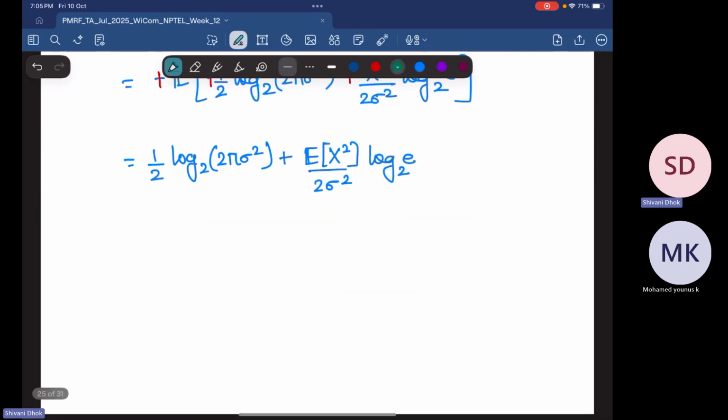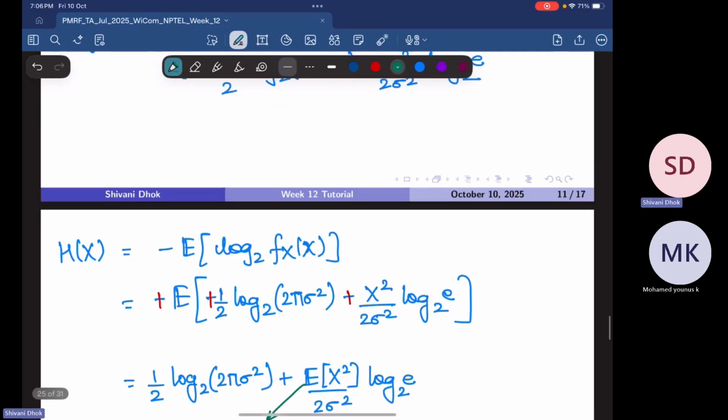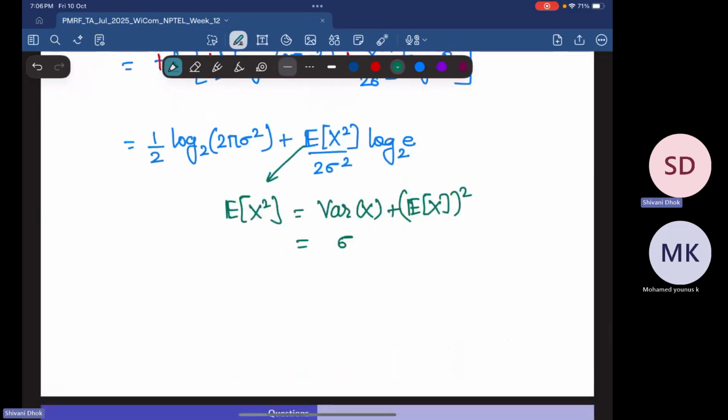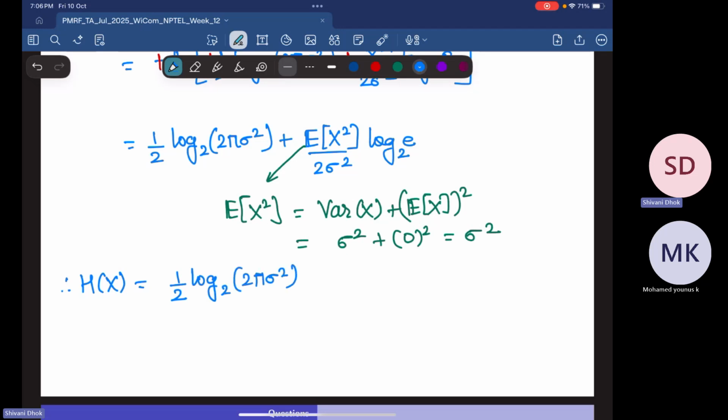Now expectation of x square is given by variance of x plus expectation of x whole square. Variance of x is sigma square and mean of x is 0, so this comes out to be sigma square. Therefore h of x is half of log 2 pi sigma square to the base 2 plus sigma square upon 2 sigma square log e to the base 2.